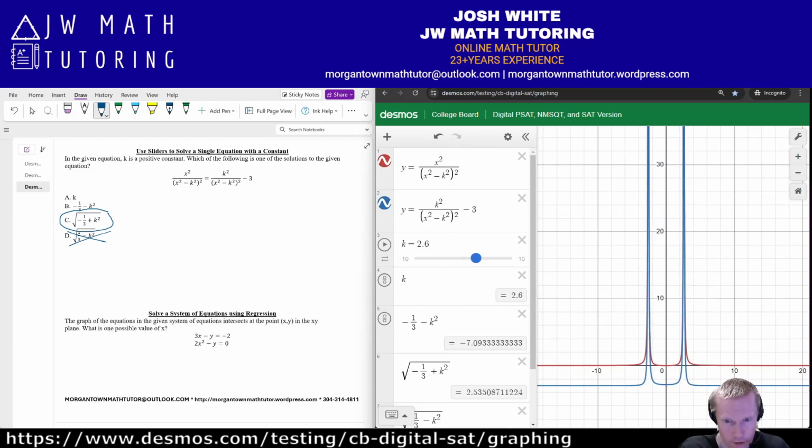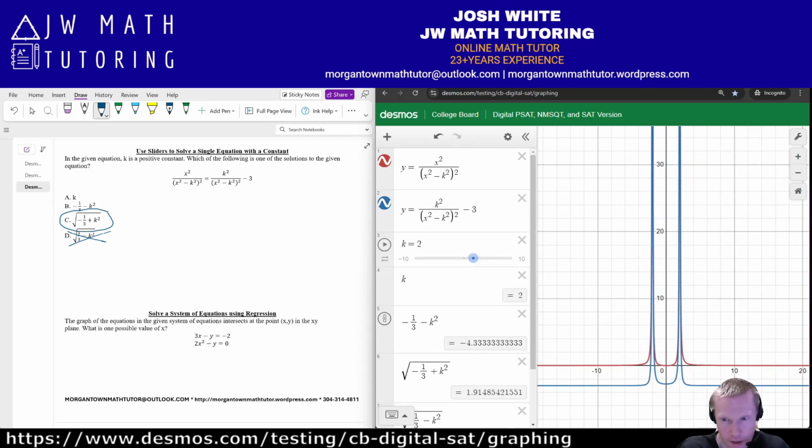Let's try moving it down a little bit to 2. Now here we have all the intercepts. So again, we're looking at positive 2. Oh, here it is, all the way up here: 1.915, negative 1.915. There it is.